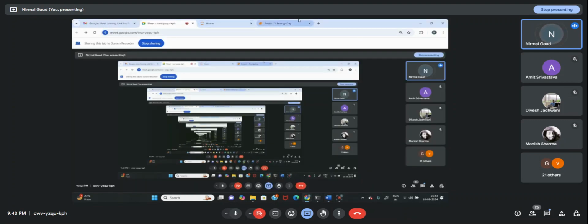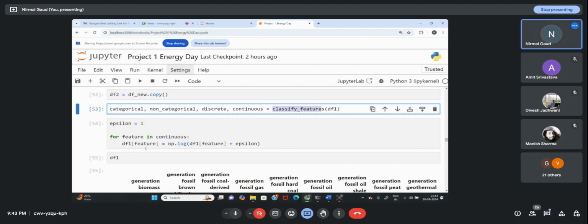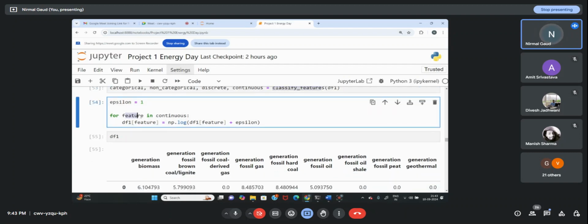Okay, in code, what I did, see here, for every continuous feature, I have applied log of it. And one additional thing I did is I added 1 before applying log. Okay, this is my feature. I added 1 to it. Why? What is the reason?